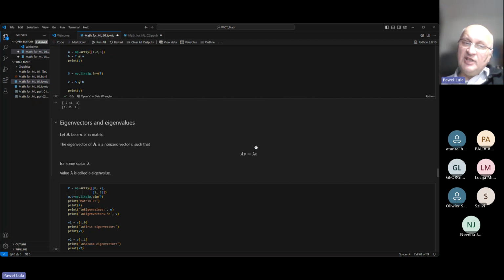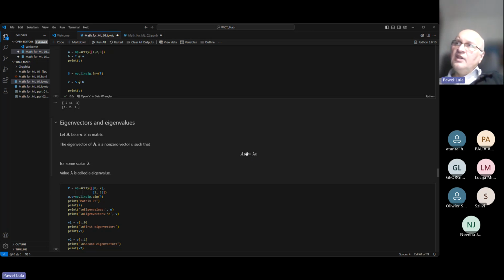It is a multiplication of a vector by a scalar value. When we are talking about this form of multiplication, we know that the result lies on the same line. It may be longer or shorter. It depends on the value of lambda.